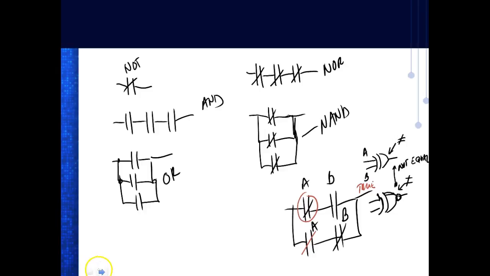Okay. If B is true and A is false, then this guy here would close, this guy here would open, right? And I got this path right over here. You understand?